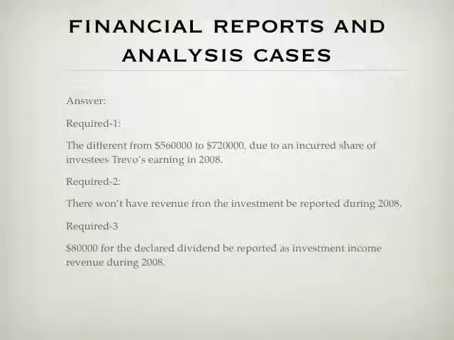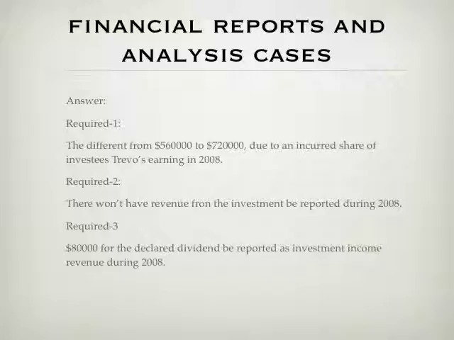It's about a 29% gain. So this number changed because they make money. The Trevor Corporation makes money. So that's from 560,000 to 720,000. Okay, this is the answer to the first one.